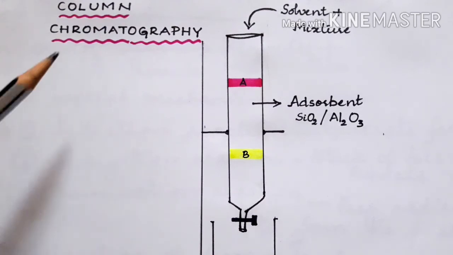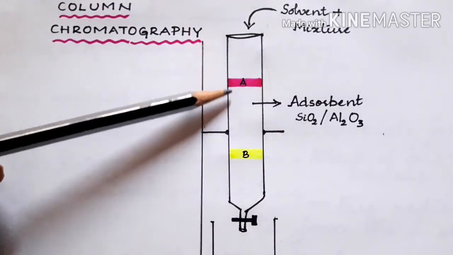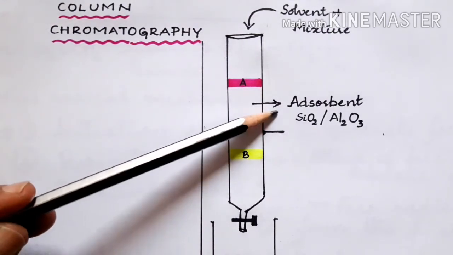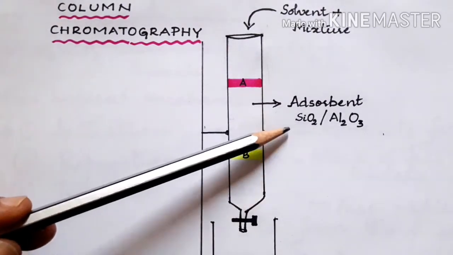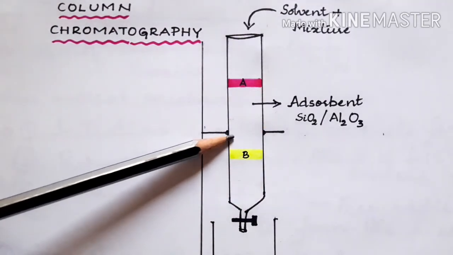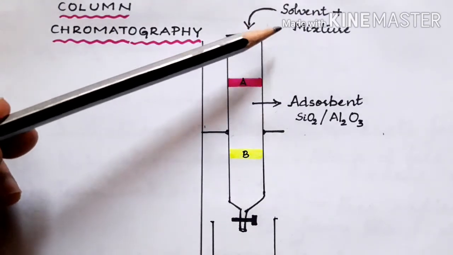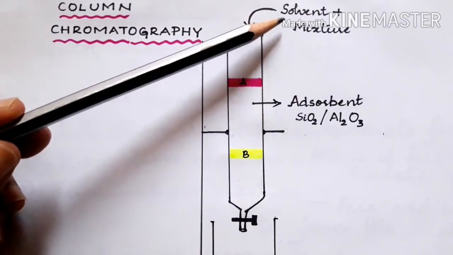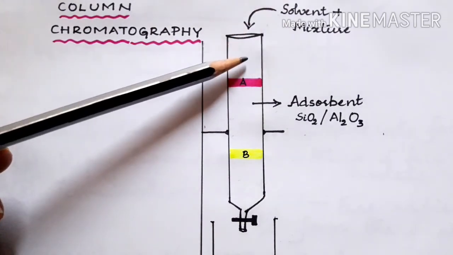As seen from the diagram, we have a long column in which we are packing an adsorbent material like silica or alumina. This forms the stationary phase, and the mixture to be separated is mixed with a suitable solvent and is eluted from the top.